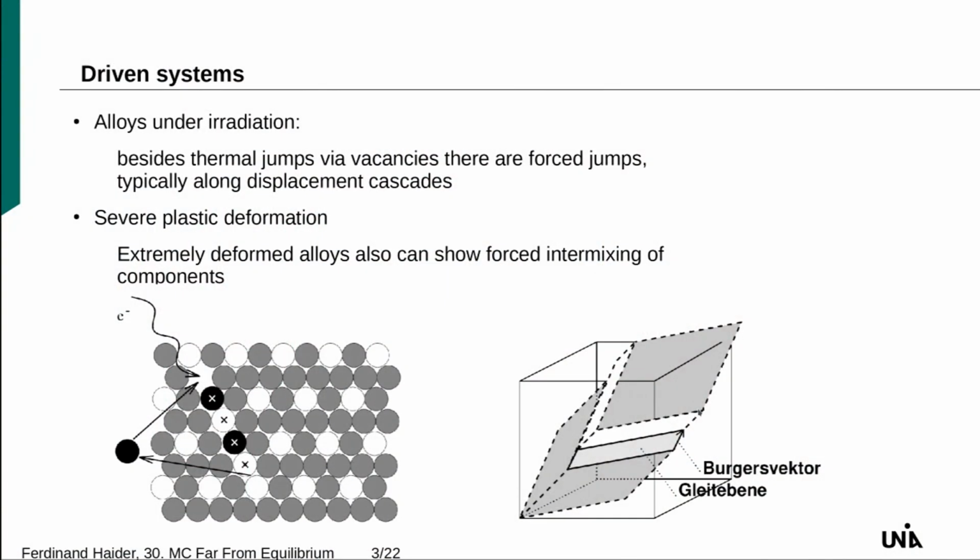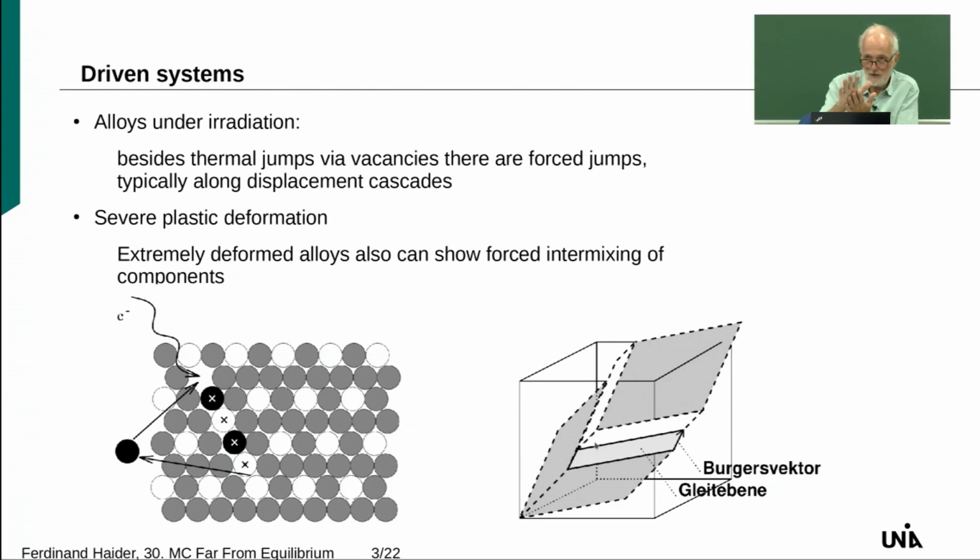So I tried to model this with a similar idea, so that I do shearing on, in this case, an FCC slip plane once in a while, which also means that you destroy the state of thermal equilibrium every now and then.